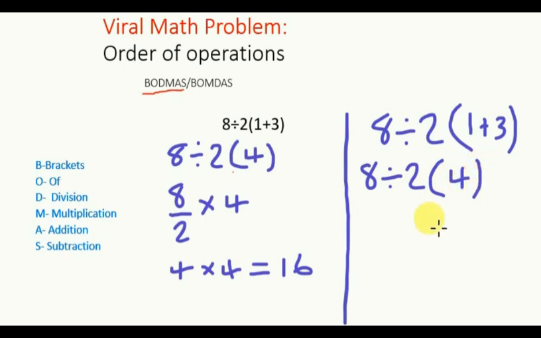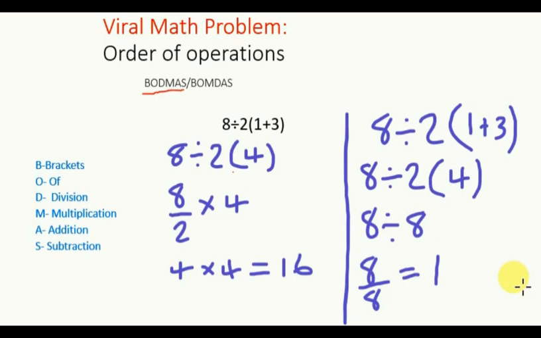Since we are using BAMDAS, we are going to multiply before we divide in this case. So 2 times 4 is 8. 8 into 8 goes 1 time. Therefore our answer is 1 when we use BAMDAS, and when we use BODMAS our answer is 16.